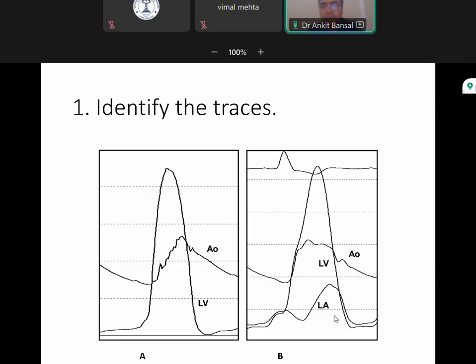Or it can be because of the stiff left atrium, because of the severe concentric left ventricular hypertrophy. Need not have an MR. Because of the stiff LA, you can also have a large V wave.